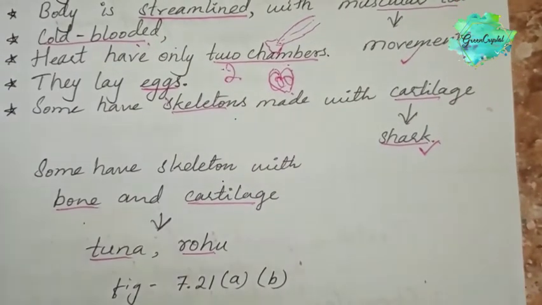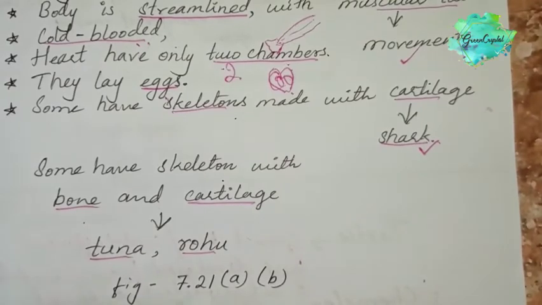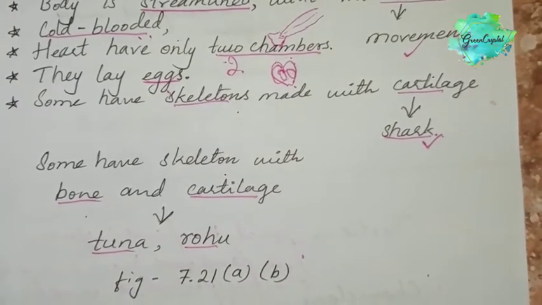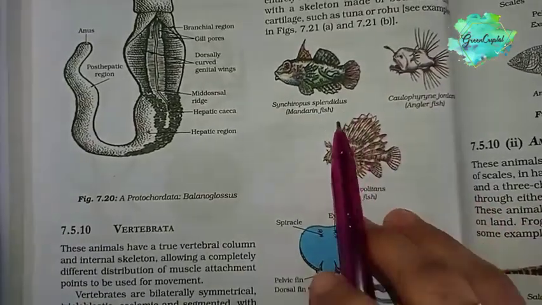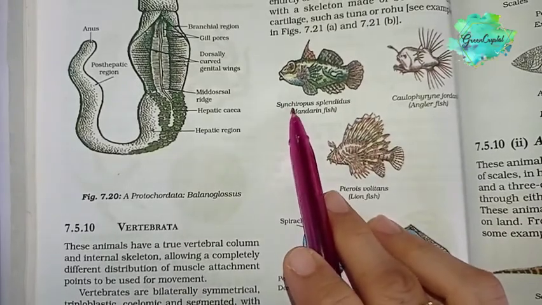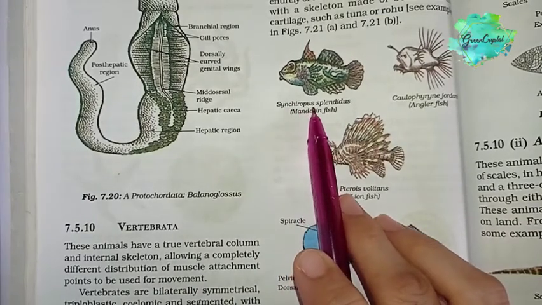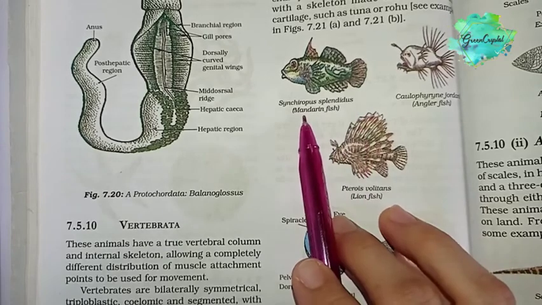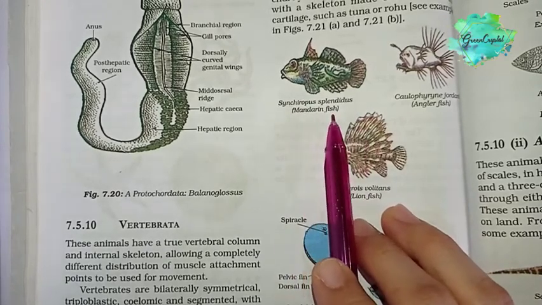Let's move on to the examples of fish. Figure 7.21, they have given A and B, 2 figures. Let's see. So see the first example of fish, that is Synchropus splendidus or mandarin fish.